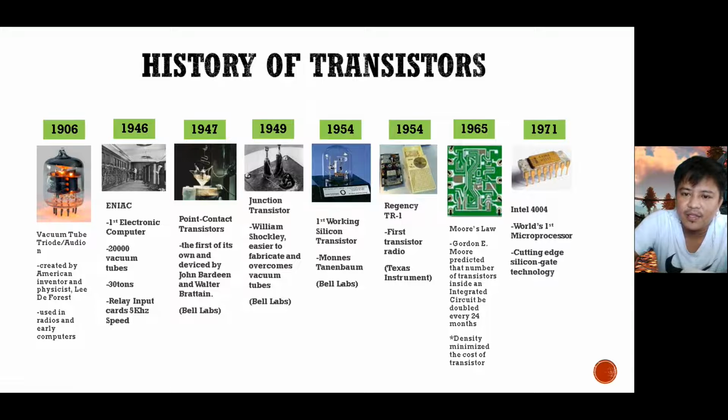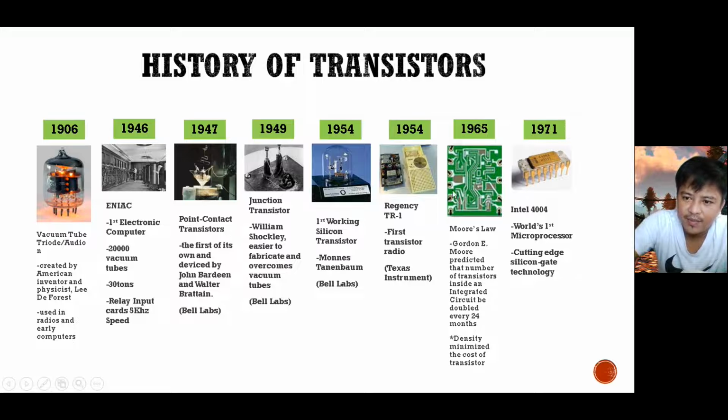Scientists and developers of transistors were challenged by Moore's law and his prediction, so the continuous R&D of transistors became very aggressive.